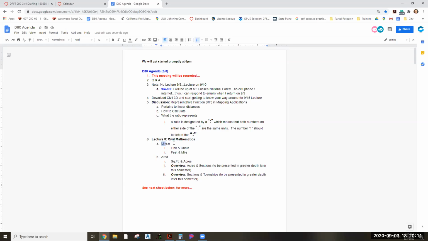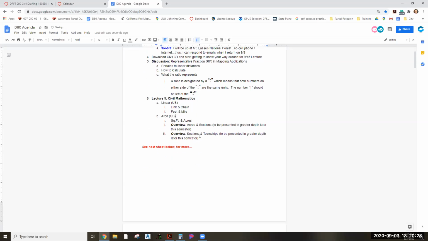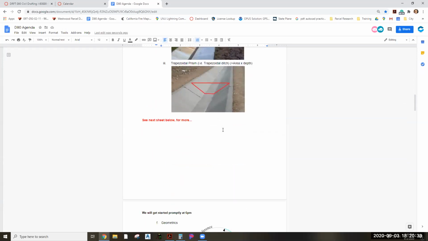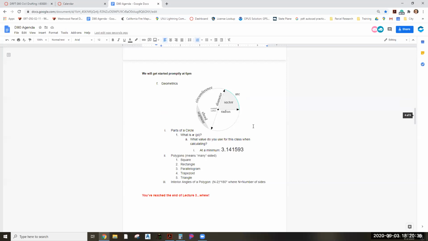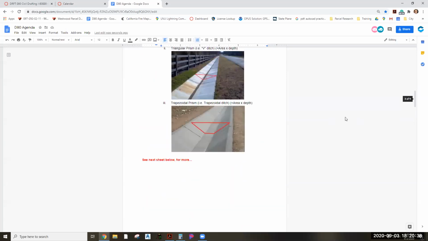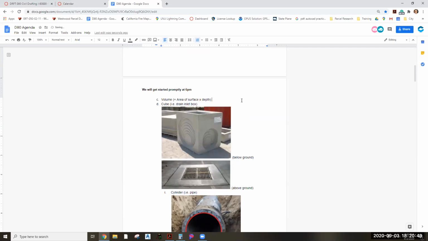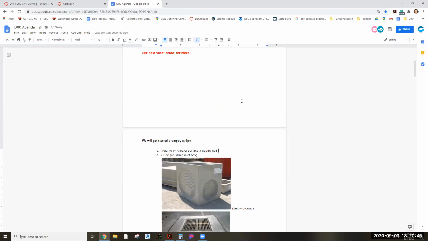So we will talk about linear distances as we use in civil in the United States. Area that we use in the United States, because that's where we live. And volume, which is right here in the United States, okay?